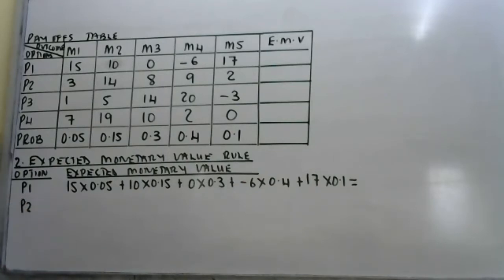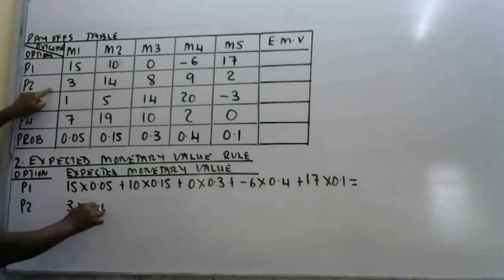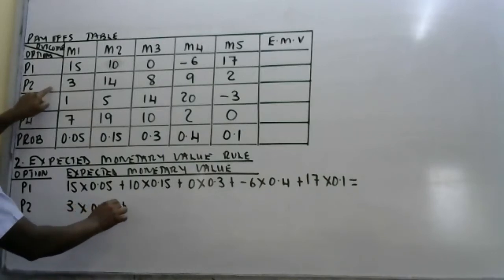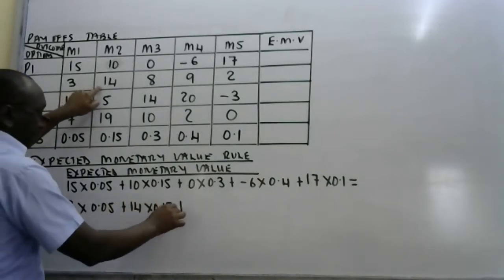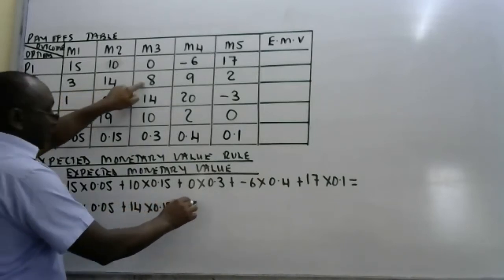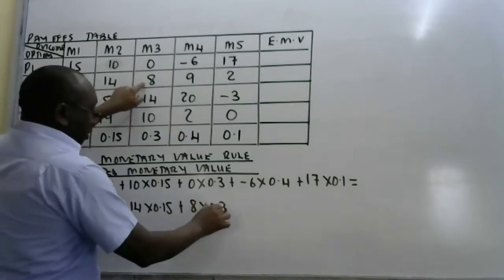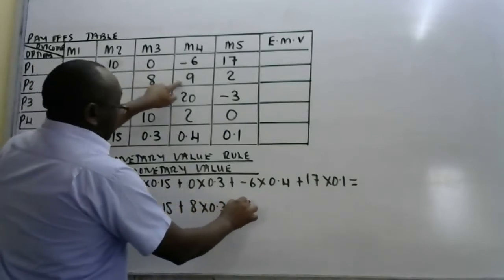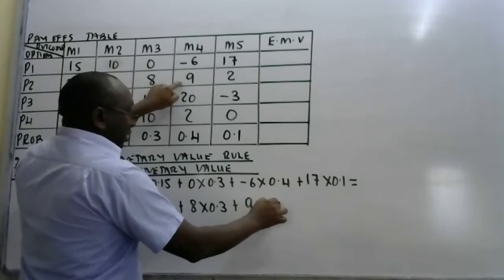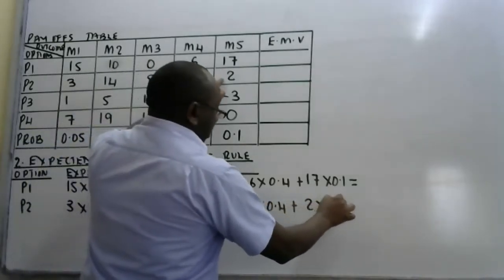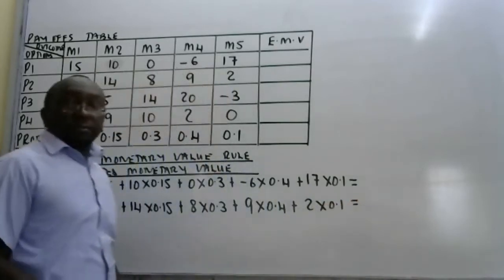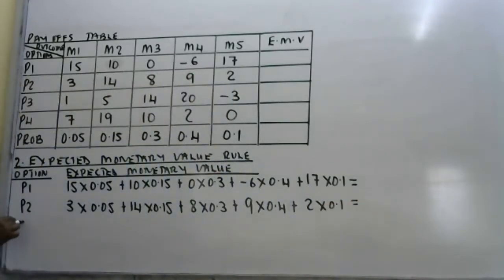Then you come to P2. P2, it is 3 times the probability here, plus 14 multiplied by the probability here, plus 8 multiplied by the probability, 0.3, plus 9 multiplied by the probability, 0.4, plus 2 multiplied by the probability, 0.1. You come to P3.